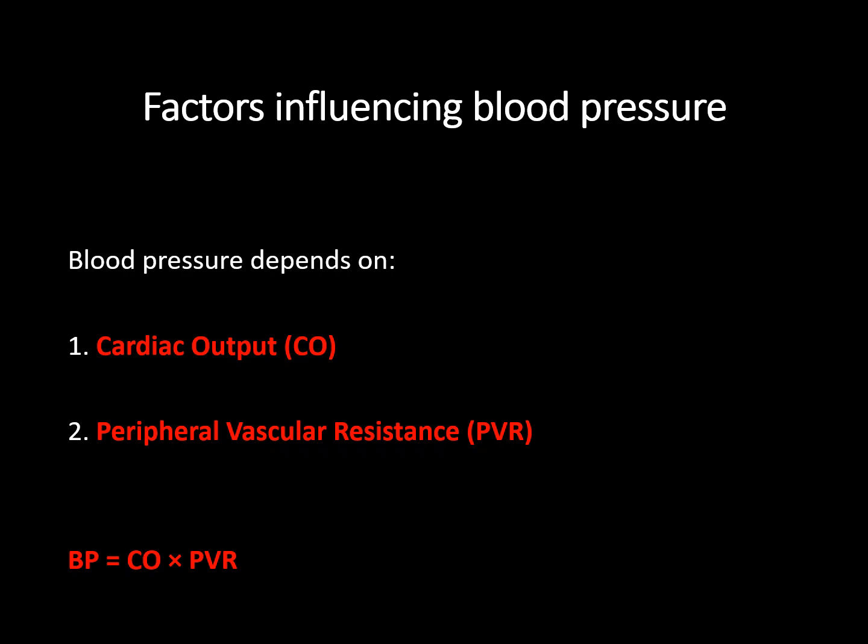We can also look at blood volume. An increase in blood volume also causes an increase in cardiac output. So blood pressure is equal to cardiac output multiplied by peripheral resistance, which is the formula to determine blood pressure.